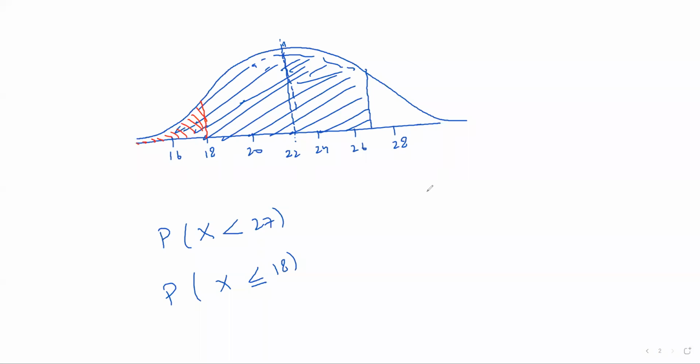Similarly, if someone says, what's the probability that your marks are between 20 and 23 maybe? So here you have 23 and here you have 20. So this area is basically representing this probability. And the further maths people have learned how to find this area through integration as well. Okay.